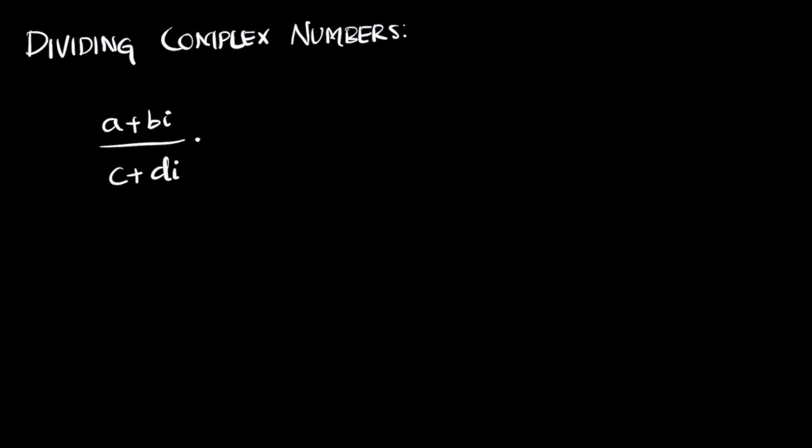The idea of dividing here is to make sure that the denominator stays real, right? So the denominator is a real number. What we do when we divide complex numbers is rationalize the denominator.